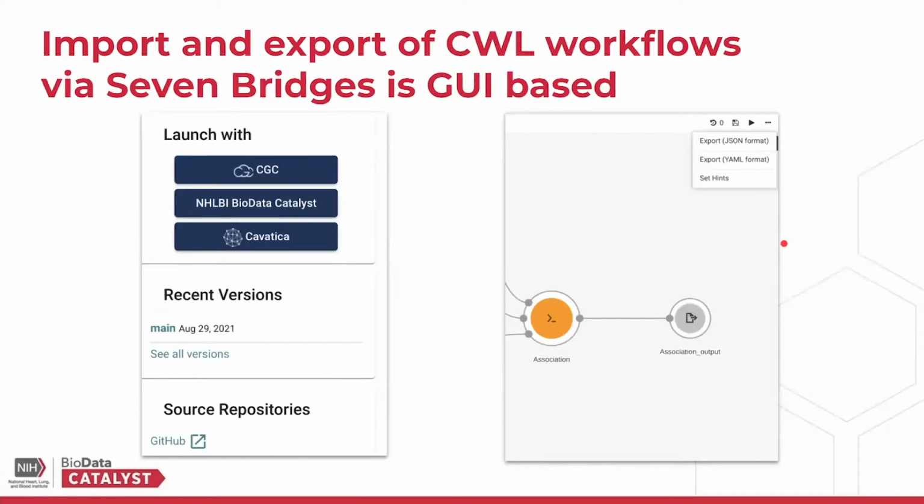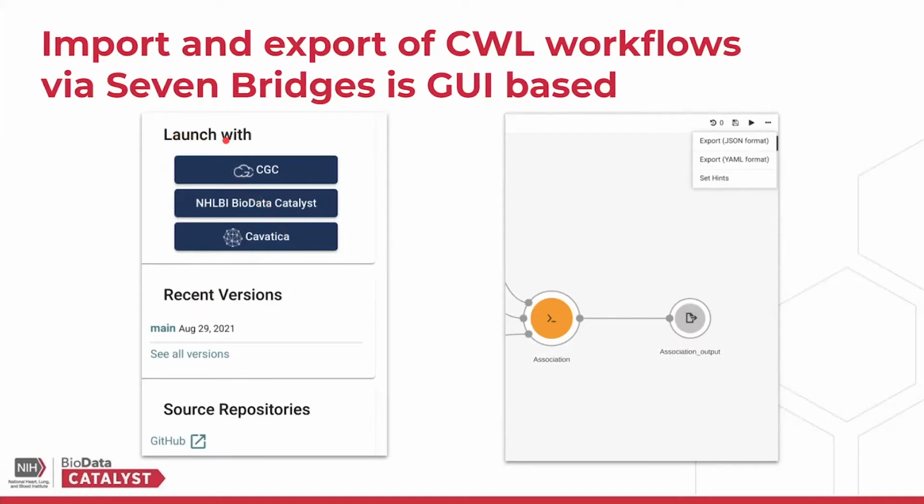Okay. So let's talk about importing and exporting of CWL workflows via Seven Bridges. There's multiple ways to do it, but I'm going to just highlight the most obvious, which is using the graphical user interface. On the left side is a section of the Dockstore registry after you click on a specific CWL workflow, and you'll notice that there's multiple platforms that it's saying you can launch with.